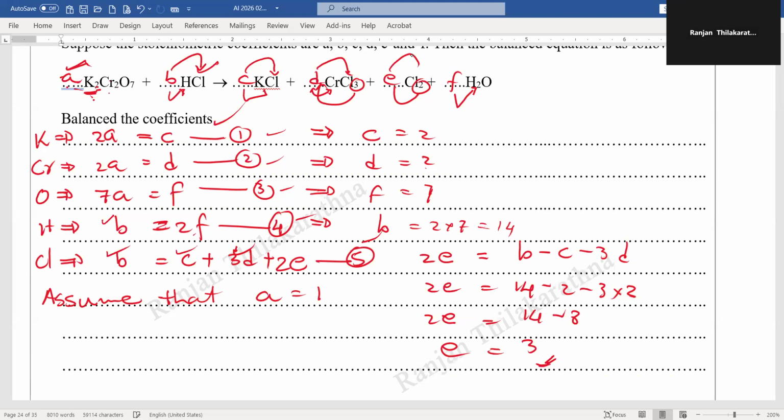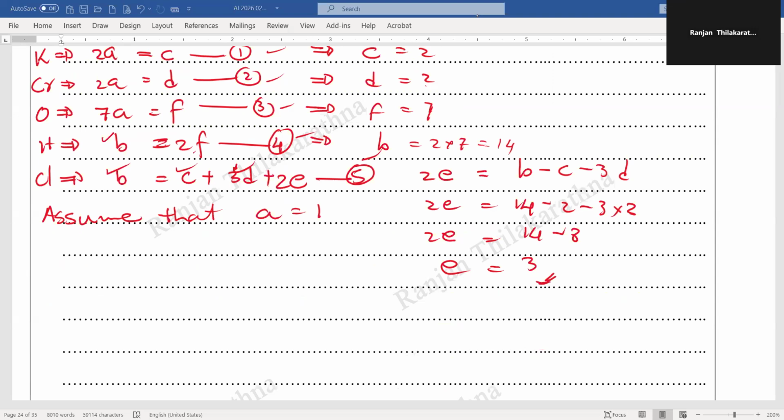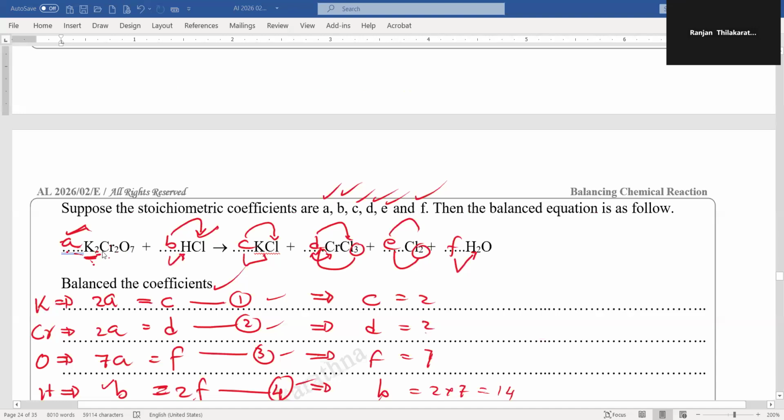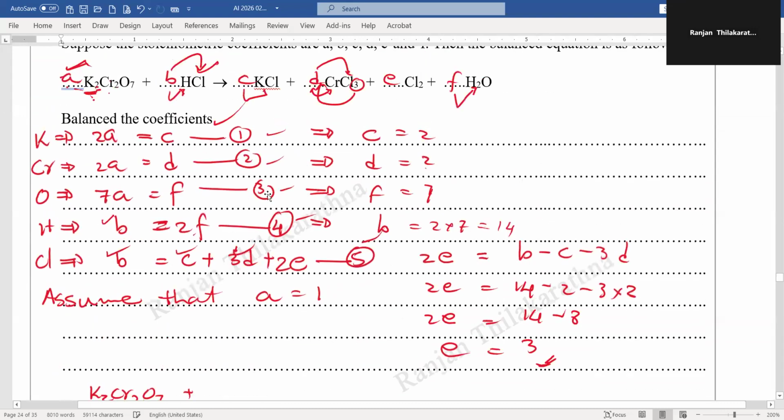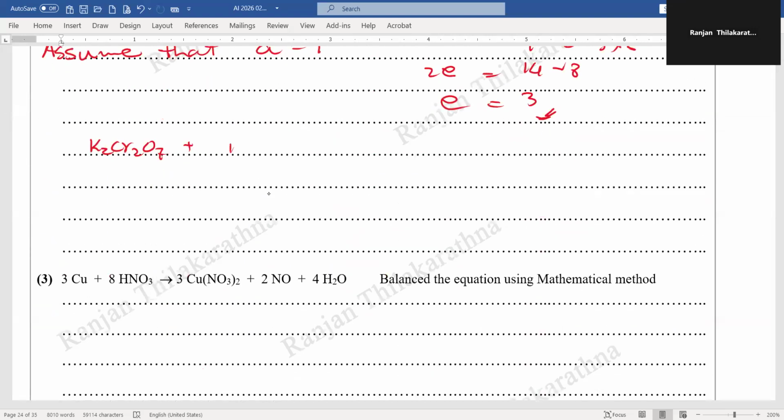Now you can write down the equation. This is my required reaction: potassium dichromate, K2Cr2O7, plus HCl, will give us KCl plus CrCl3 plus Cl2 plus water.